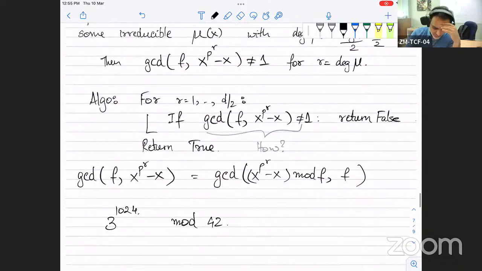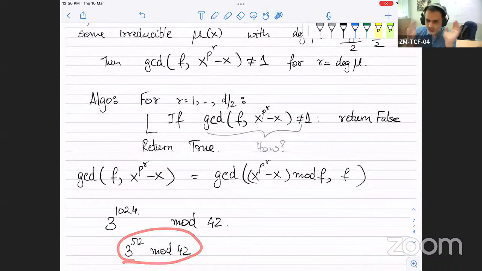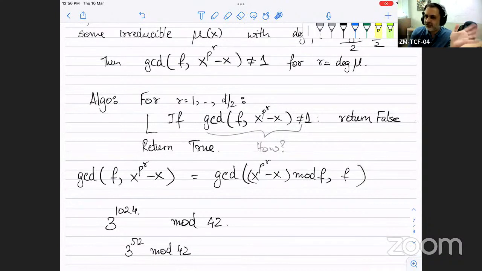So suppose you manage to compute what is 3 power 512 mod 42. Then it's just a square. So once I compute it, it's some number between 0 and 41. So I need to square that and figure this out. This thing is called repeated squaring. I don't know if people have seen this before.